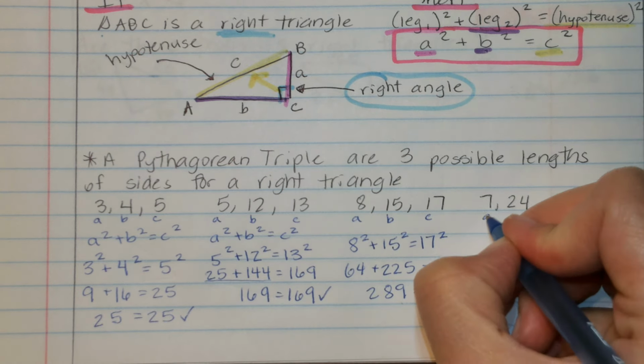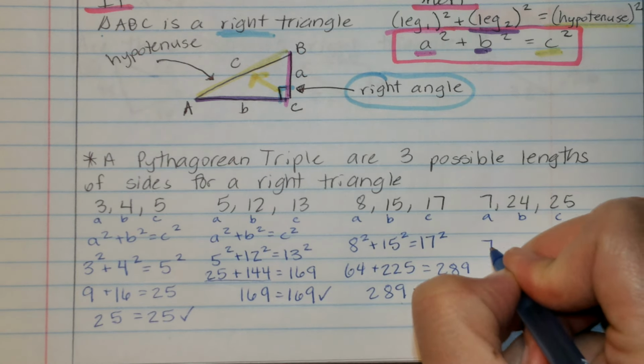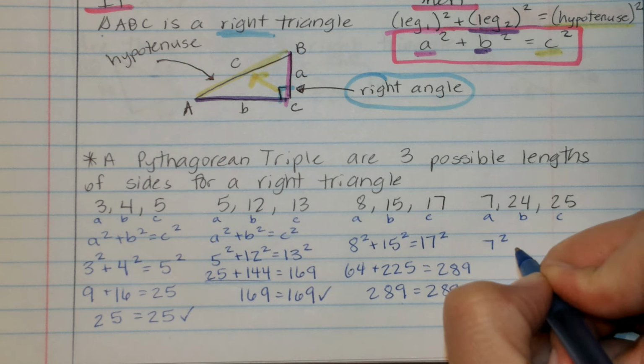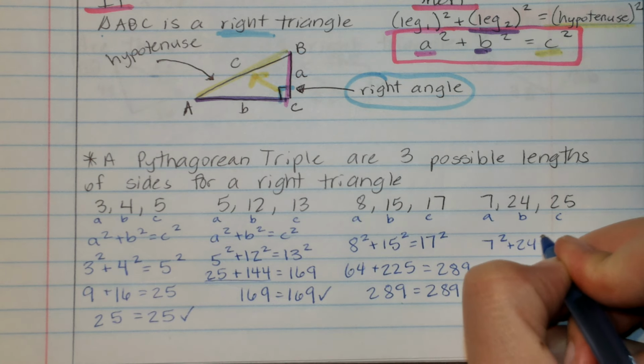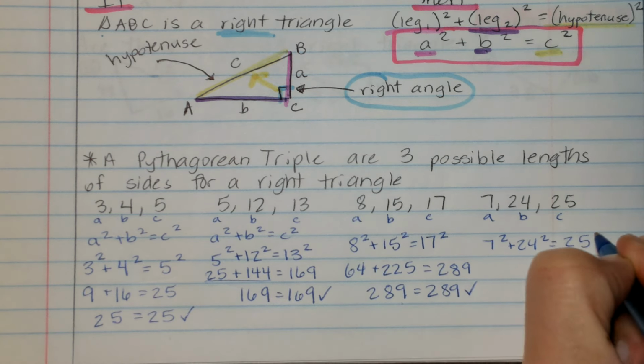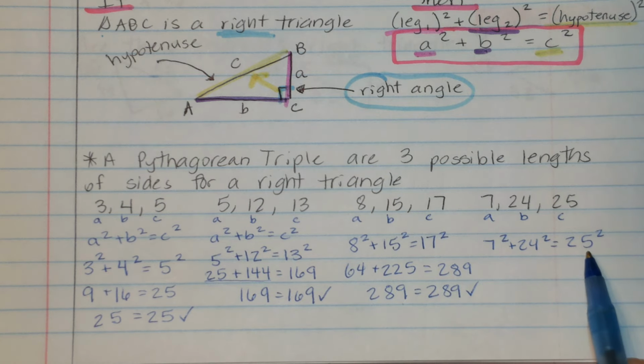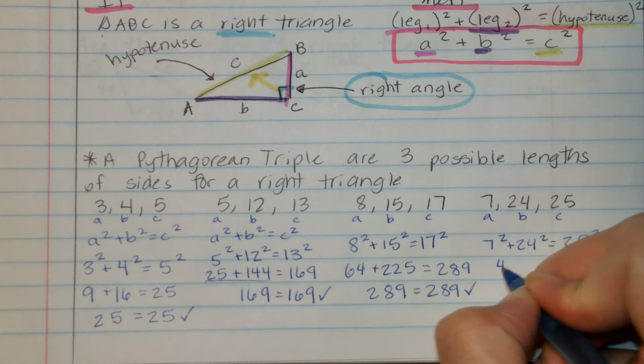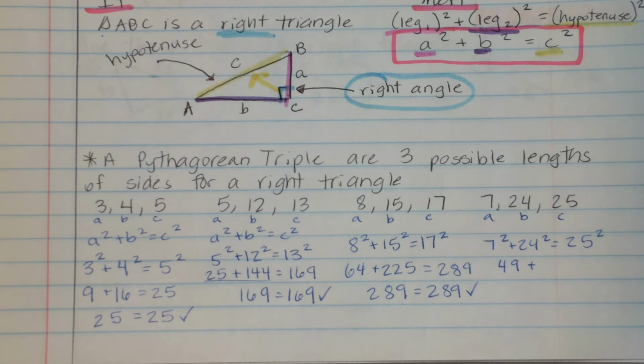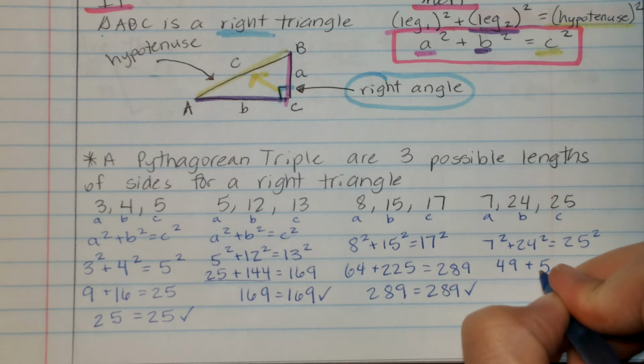Okay, so these ones should all work, and we're just verifying. So you write a, b, and c, 7 squared plus 24 squared. So as you can see, the largest number is the number that's alone on the other side of the equal sign. And then you square them. 7 squared is 49. 24 squared is 576.